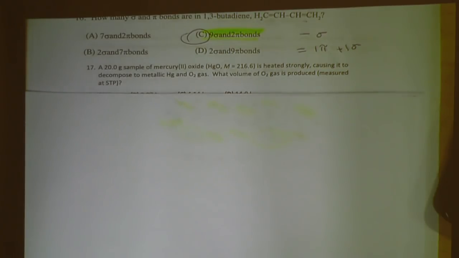Let's do number 17. A 20-gram sample of mercury(II) oxide is heated strongly, causing it to decompose to metallic mercury and O2 gas.